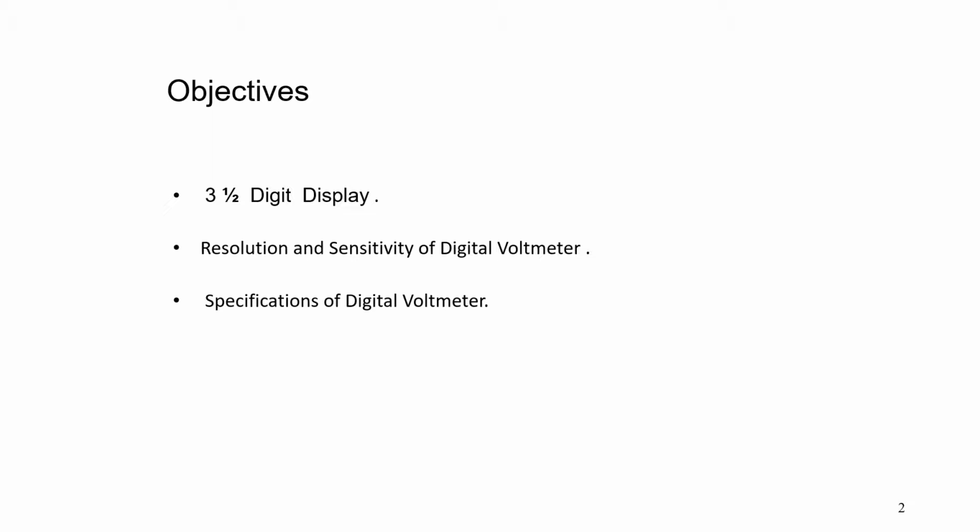The operating principle and block diagram of the ramp type DVM: at the start of the measurement, a ramp voltage is initiated, the counter is reset to 0, and the sample rate multivibrator gives a pulse which initiates the ramp generator.